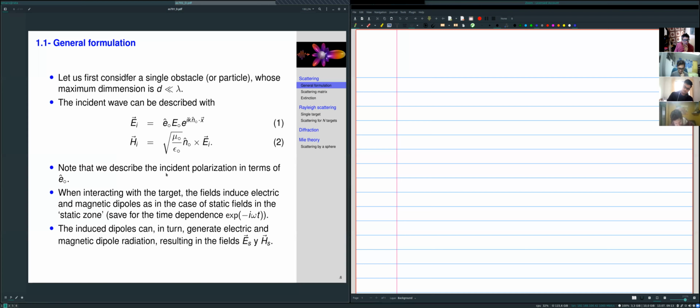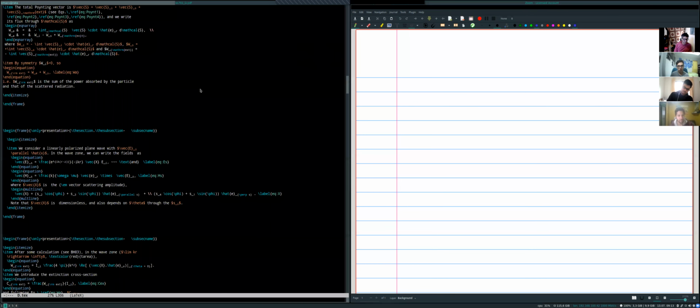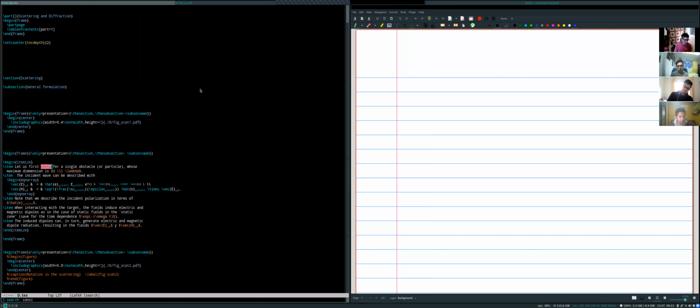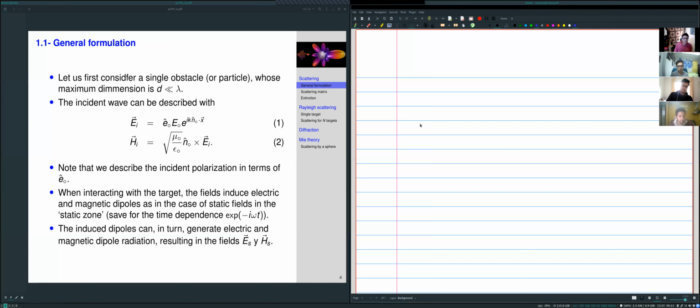So imagine now that we have a small obstacle. Let's consider a small obstacle whose total dimension is less than the wavelength of the incident radiation. Independently of this approximation, we can write the incident wave in terms of this monochromatic plane wave.